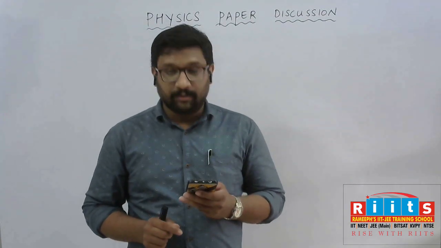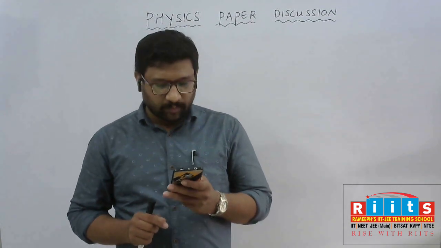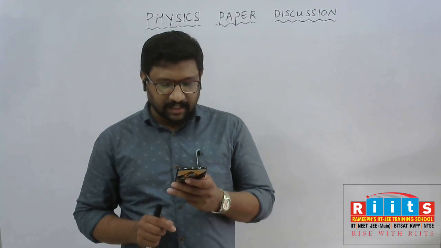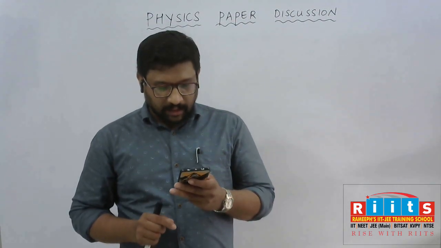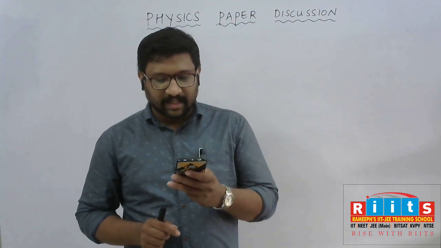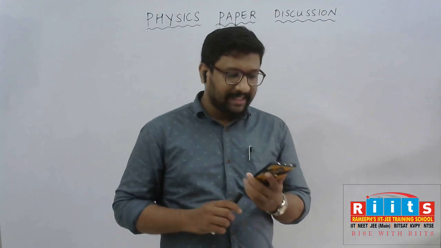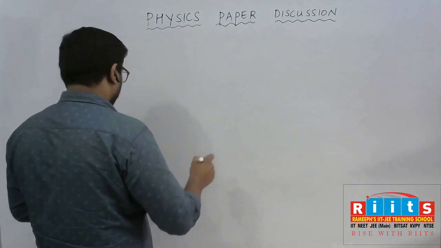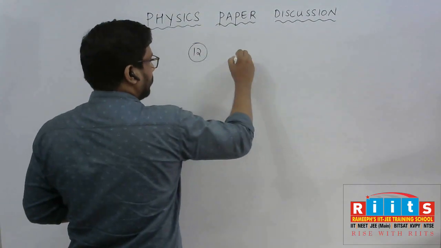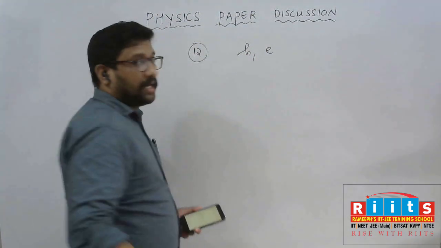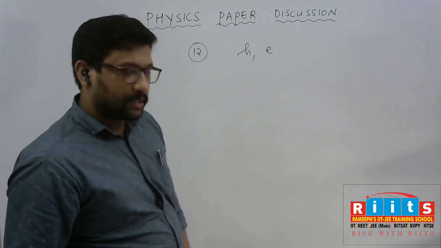Question number 12. If H is Planck's constant and E is the charge, the dimensions of resistance are. In terms of H and E, they are asking the dimensions of resistance.